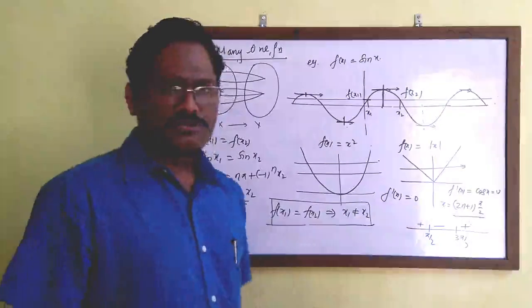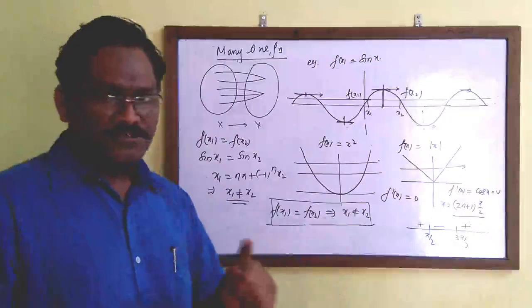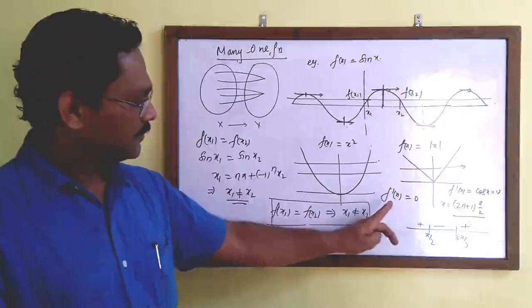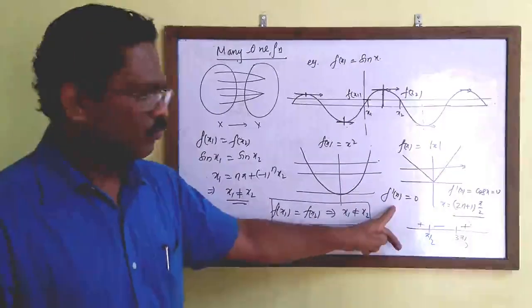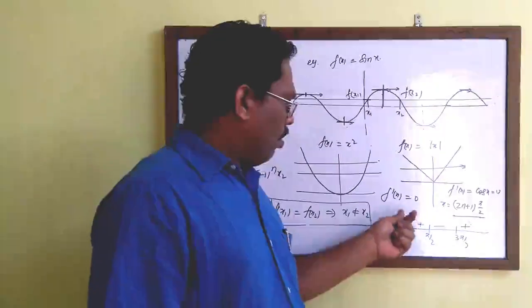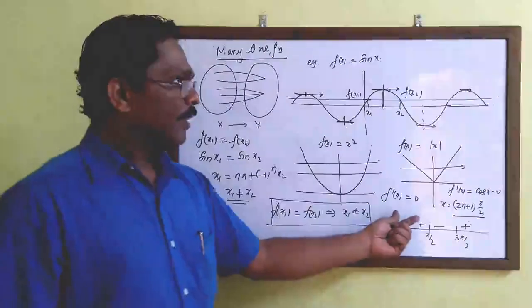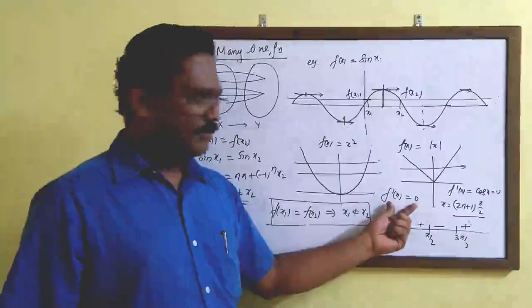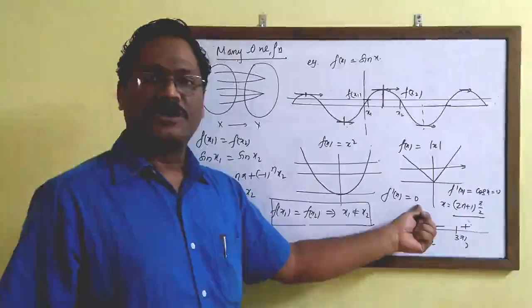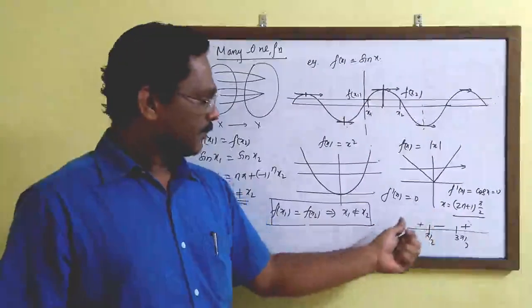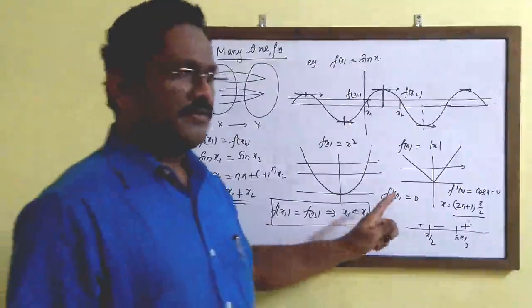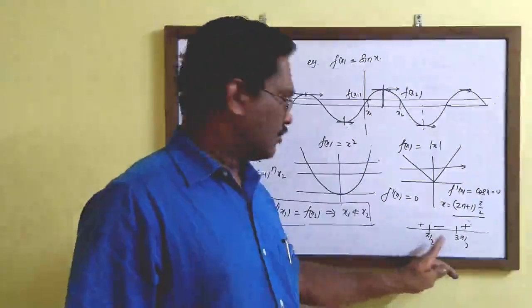Now the third and the most important method, but this is applicable only for differentiable functions, so be careful while applying this. If the first derivative of the function equal to 0 gives real roots, then check for the sign change across those points.